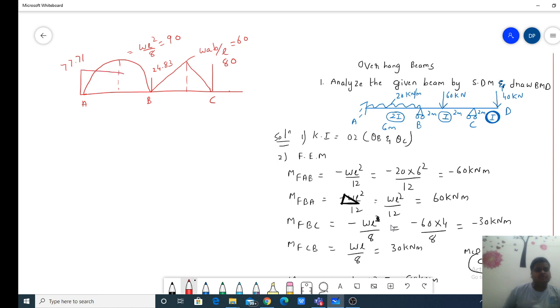So this will be joined like this, and from here it will be joined to the top. These are the values, and this needs to be joined to the end, so that is 0. So this is minus. Now whatever is cut by the free bending moment diagram, above that will be positive. So this will be positive. This is once again minus. This is positive, this is minus, and this is minus, right? These are the values for the free bending moment diagram.